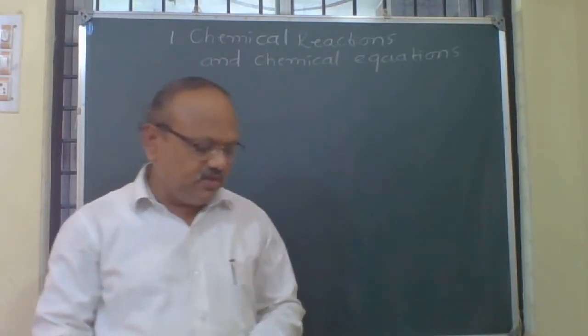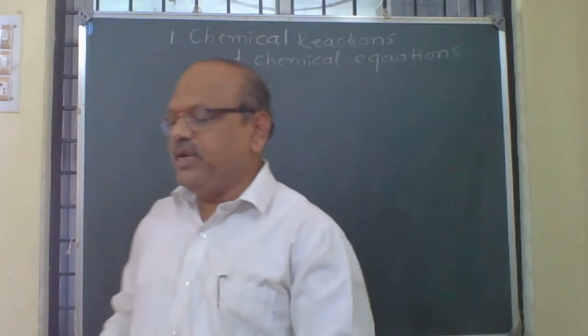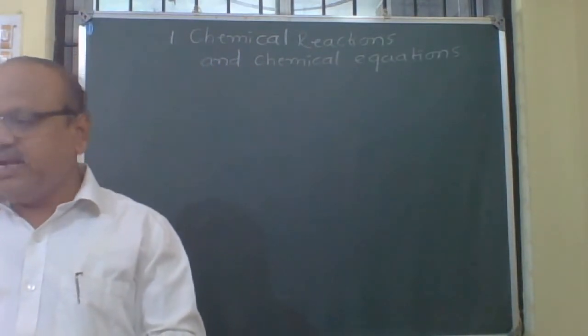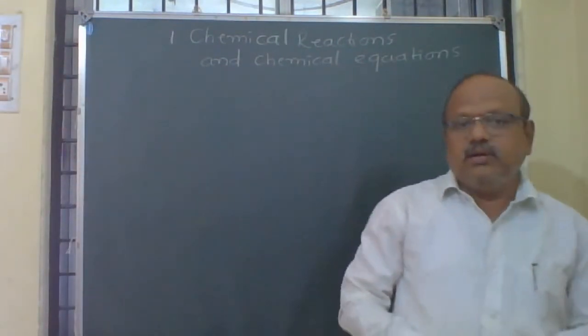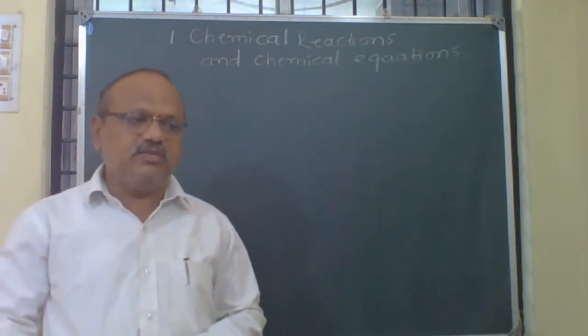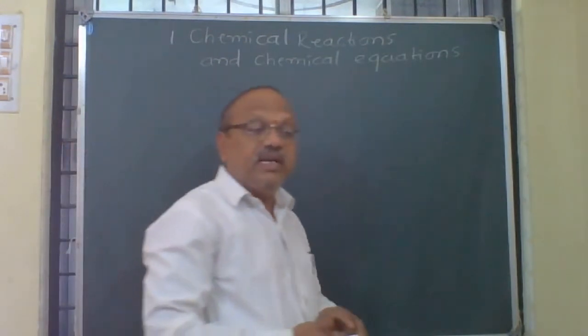In the previous class, we learned what matter is and how matter is classified, physically and chemically. Chemically, matter is classified into three types: element, compound, and mixtures. We said that an element is a pure substance consisting of identical atoms.